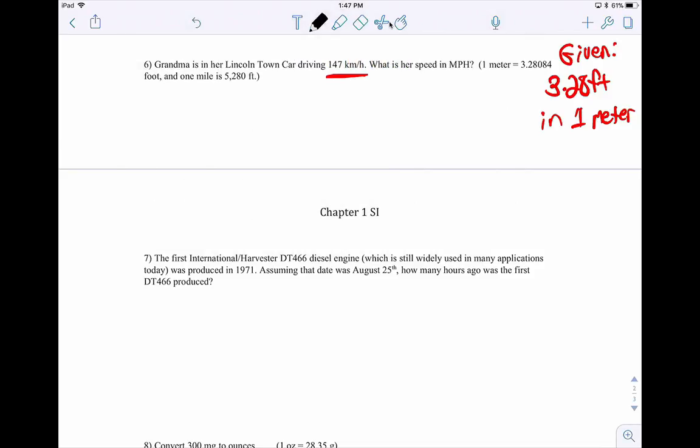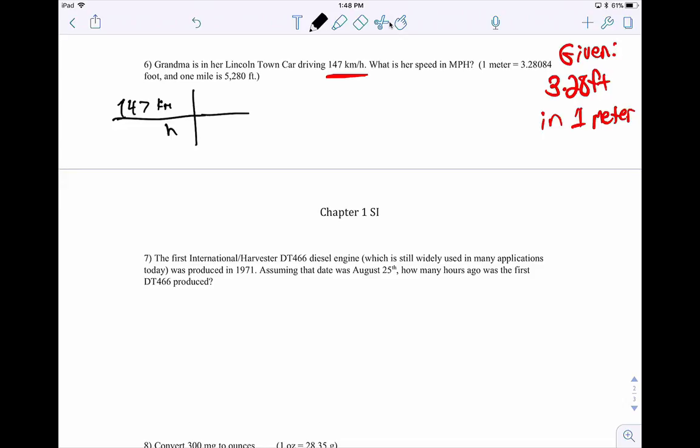You have 147 kilometers per hour. Let's write it a little clearer: kilometers per hour, so we'll put hour in the denominator.